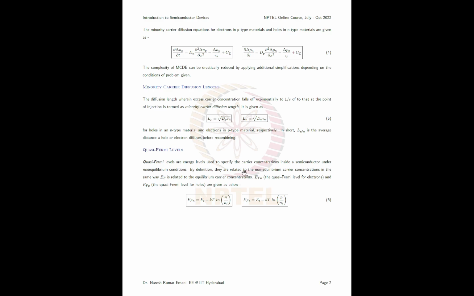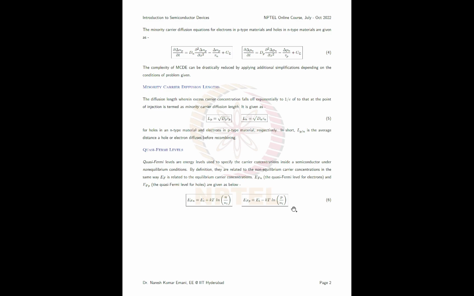By definition, they are related to the non-equilibrium carrier concentration in the same way EF is related to the equilibrium carrier concentration. Quasi-Fermi levels are related to non-equilibrium. EFN, the quasi-Fermi level for electrons, and EFP, the quasi-Fermi level for holes, are given by EFN equals Ei plus kT ln n by ni, and EFP equals Ei minus kT ln p by ni.